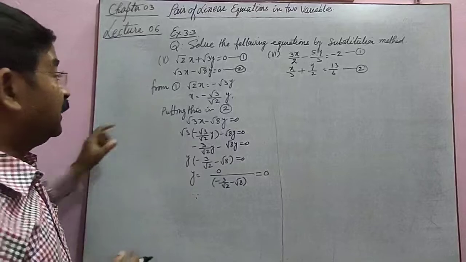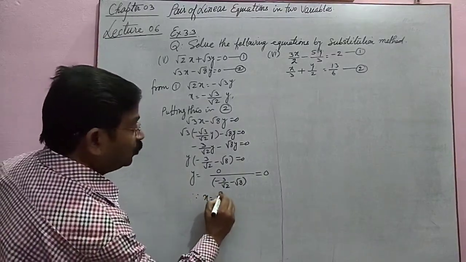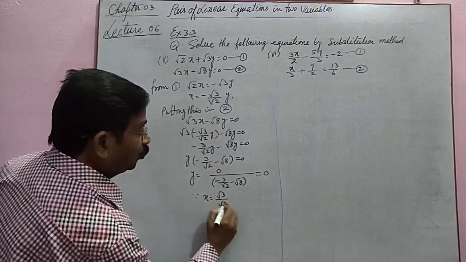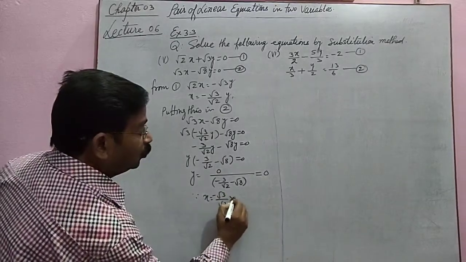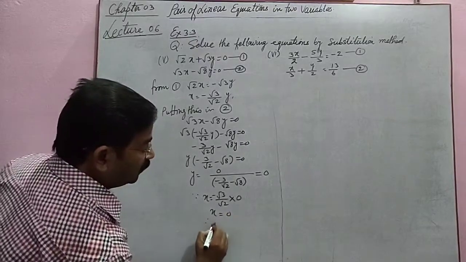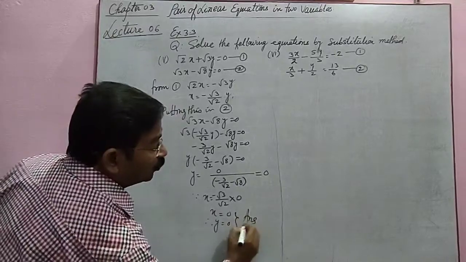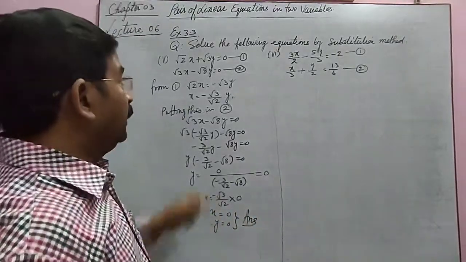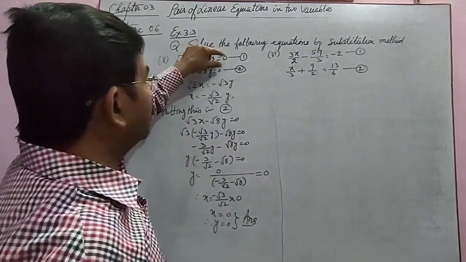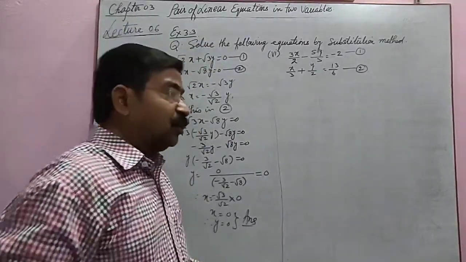Now see, we have, since x is equal to minus root 3 upon root 2 into 0. So x is equal to 0. Therefore your answer is x is equal to 0 and y is equal to 0. As I told in the beginning, if the constant terms are 0, then its value is 0.